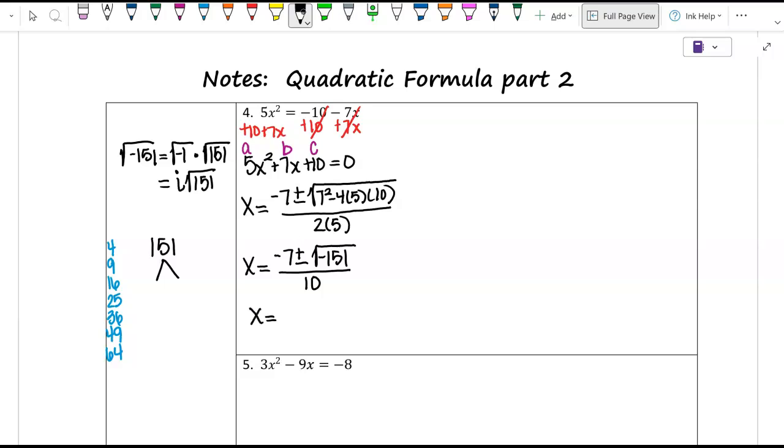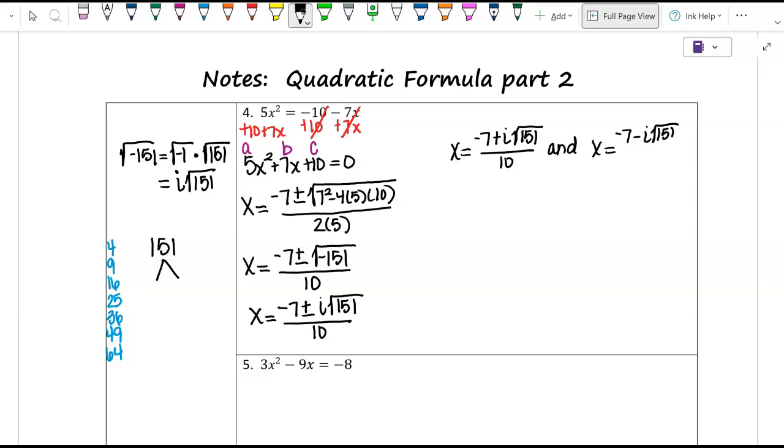So we get x equals negative 7 plus or minus I radical 151 over 10. So x equals negative 7 plus I radical 151 over 10, and x equals negative 7 minus I radical 151 over 10.